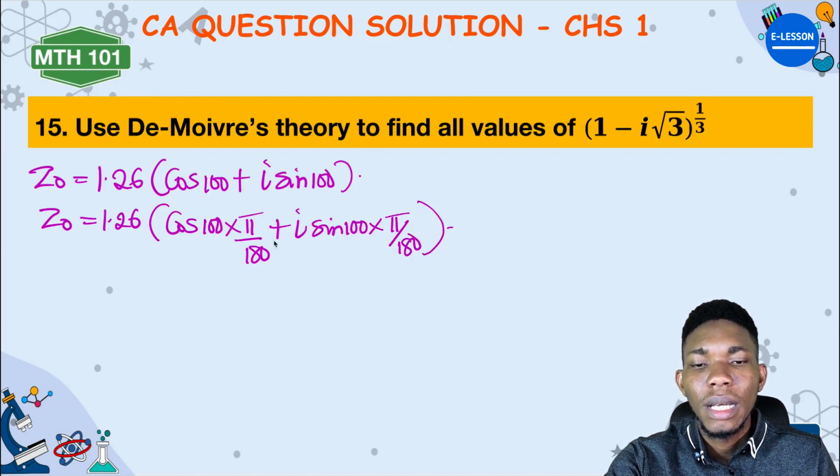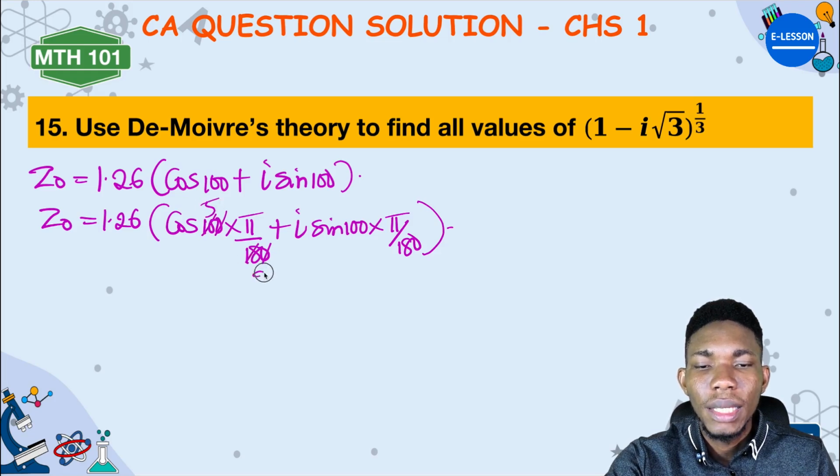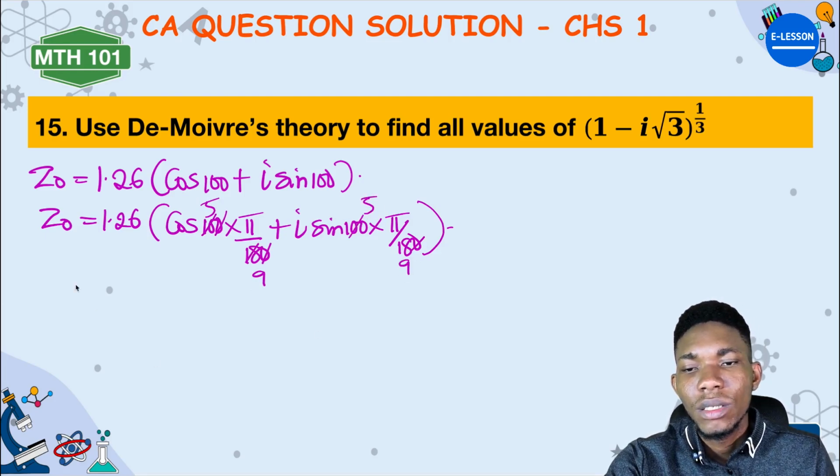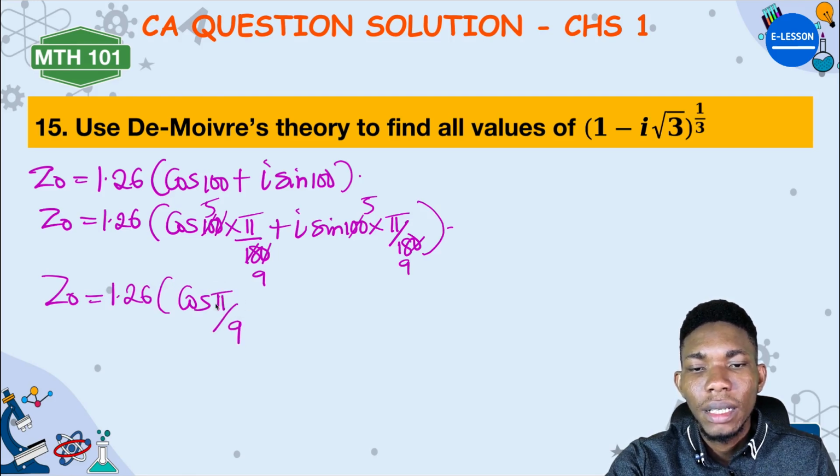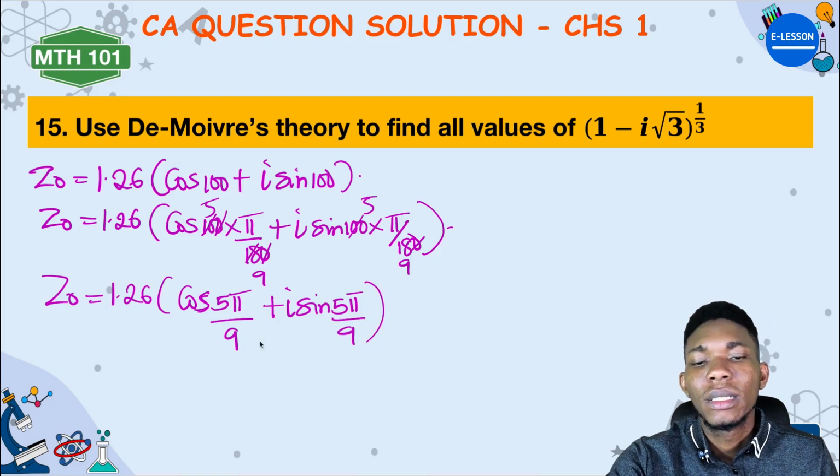Now, my dear students, 0 cancels 0. 2 here, 5 hereabouts; 2 here, 9. The same thing here will be 5 and 9. So the final answer for Z0 will be 1.26, right? cos 5 pi over 9 plus i sin 5 pi over 9.